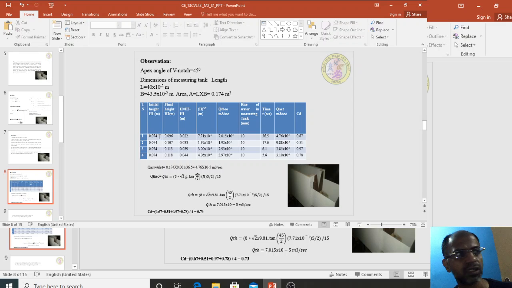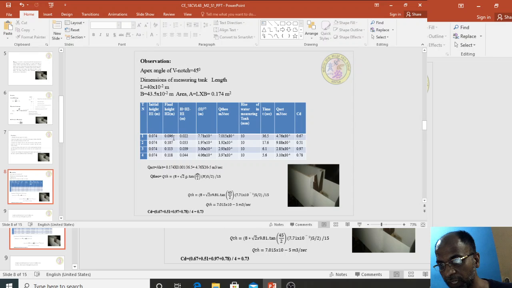Hook gauge reading H1, hook gauge reading H2, and the difference H2 minus H1. The initial hook gauge reading H1 at the initial nappe point will be the same when the flow increases for 25%, 50%, 75%, 100%.